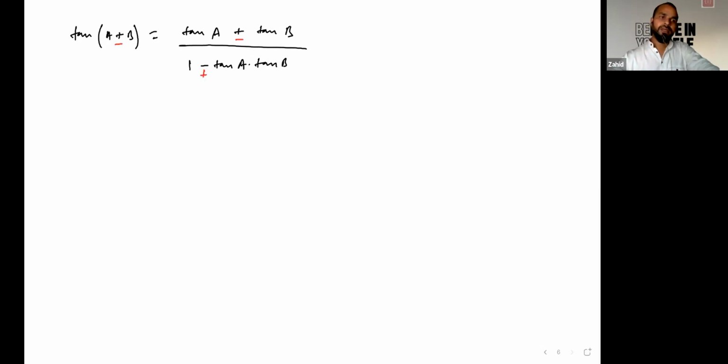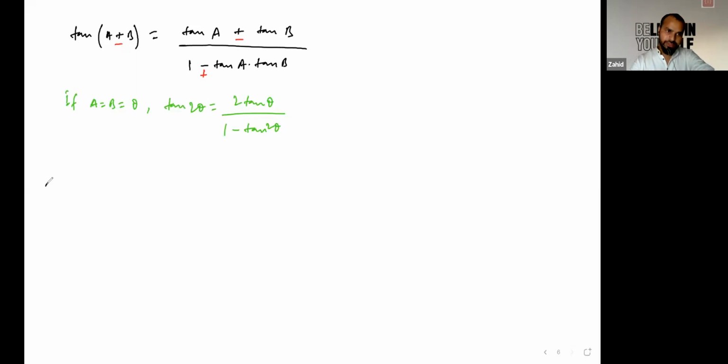Now, if A is equal to B is equal to theta, it becomes tan of 2 theta, which means 2 tan theta divided by 1 minus tan square theta. So we have derived the sum and difference relations related to sine, cos, and tan.